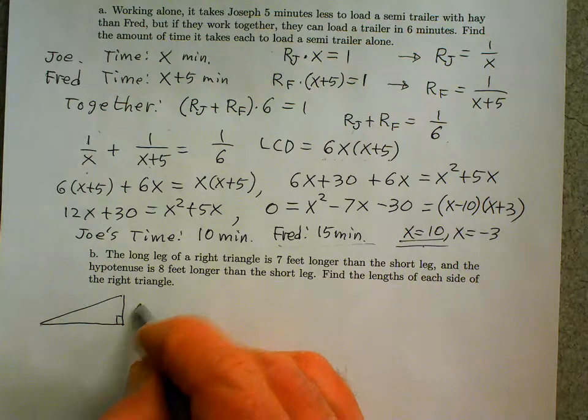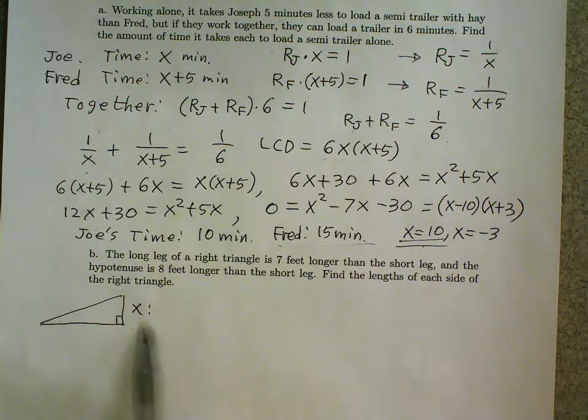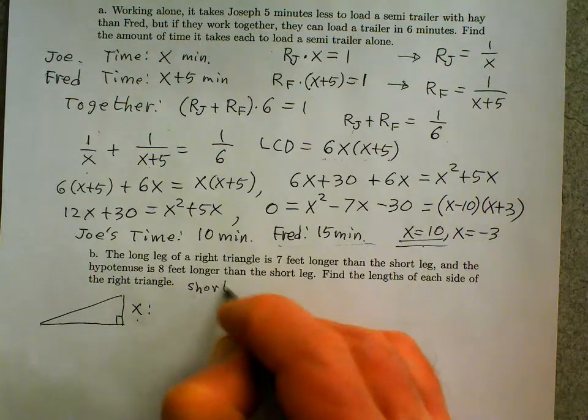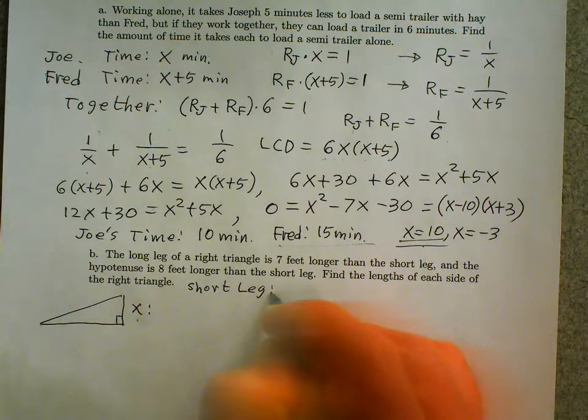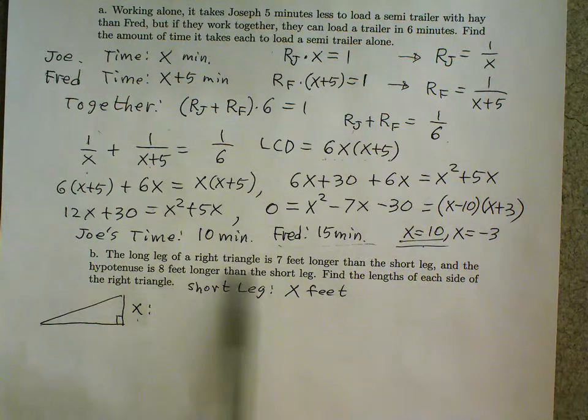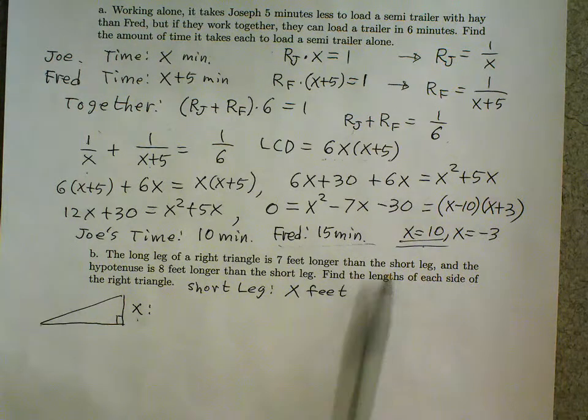So if I label the short leg with x feet, the long leg is 7 feet longer than the short leg.